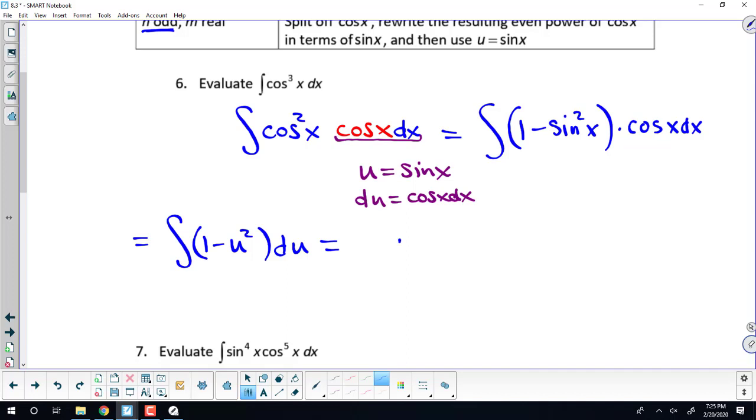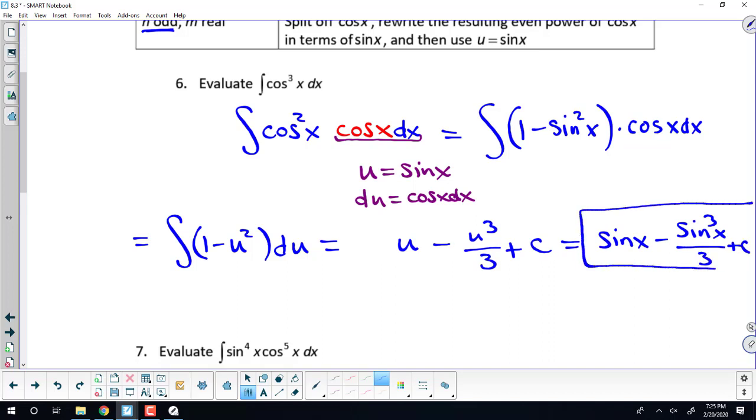Which is u minus u cubed over 3. Sine x minus sine cubed over 3. Let's see. Any questions about this?